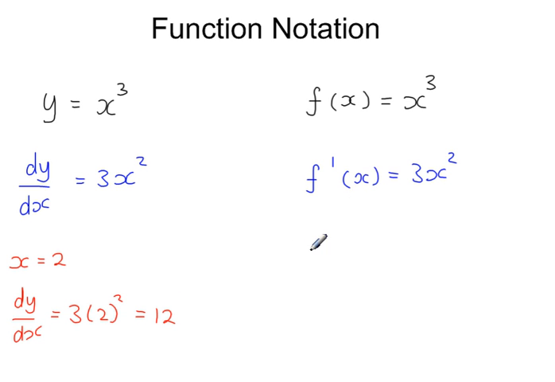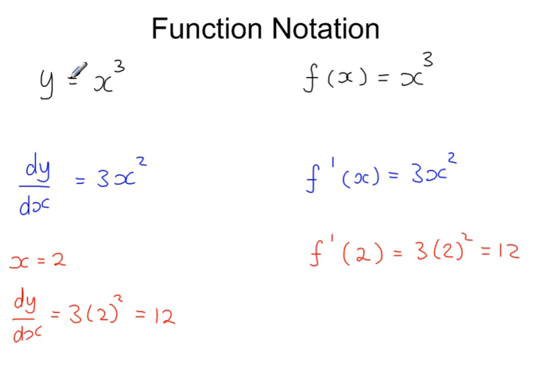Doing the same thing here, it's neater because all you say is this, f dash, so that's the gradient function, the derivative, when x is equal to 2 is equal to 3 times 2 squared, which equals 12.